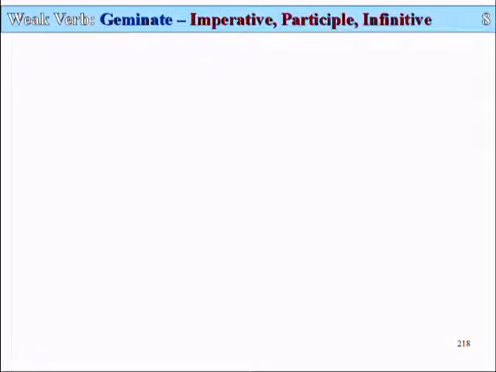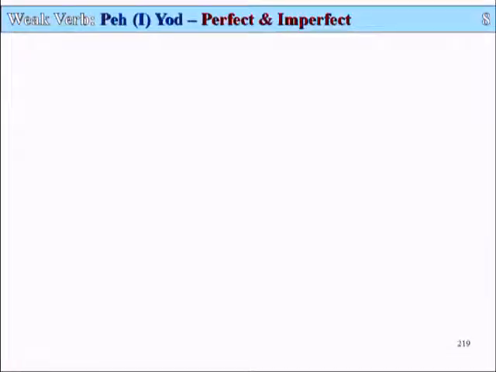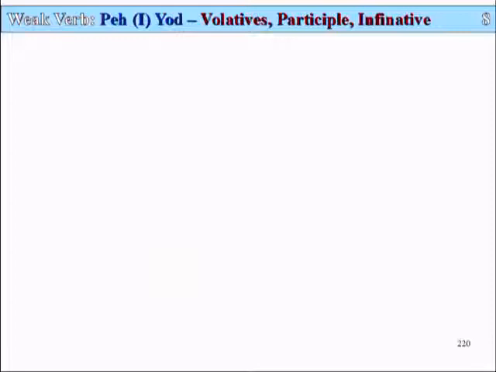The Geminate imperative, participle, infinitive on slide 218. And the Pe Yod perfect and imperfect on slide 219. And finally, on slide 220, the Pe Yod volitives, participle, infinitive, etc.